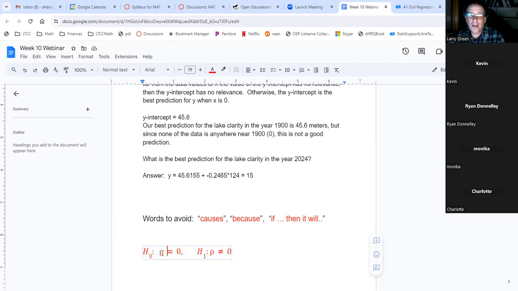Again, if you don't know how to type the letter rho, you can always write RHO. That's how you spell it, it turns out, in English. In Greek, of course, you spell it that way with that letter. Equals, in our class, we're always going to be 0. And H1 in our class, rho not equal to 0. And again, if you don't know how to type the not equal sign, you can write NOT and then equal sign. Is that clear?